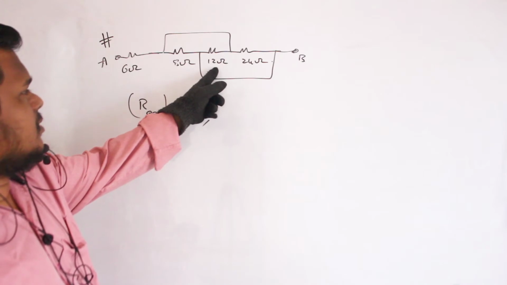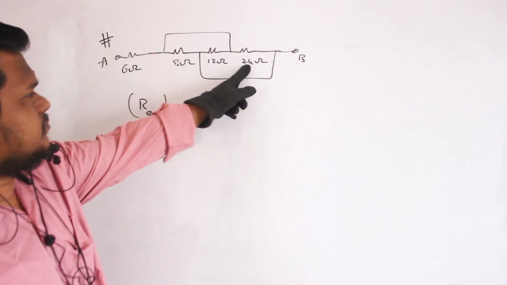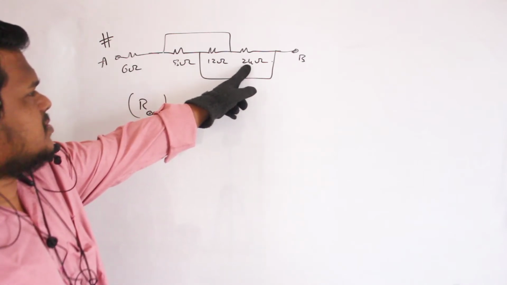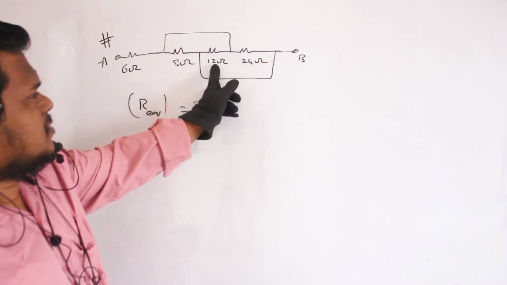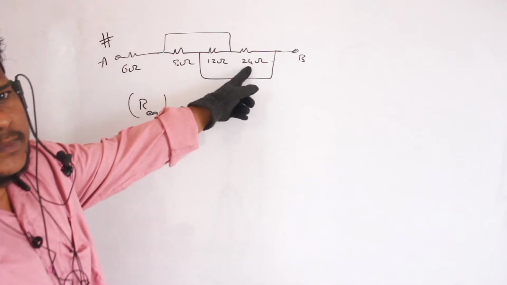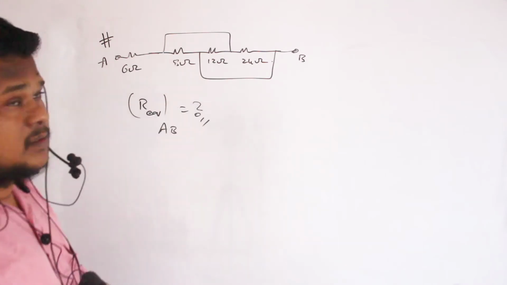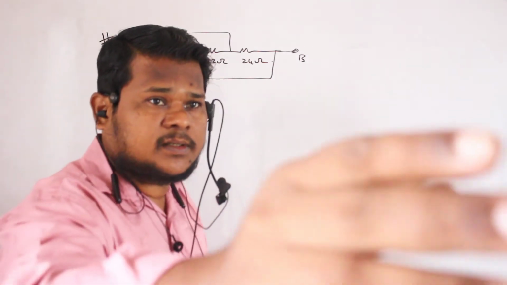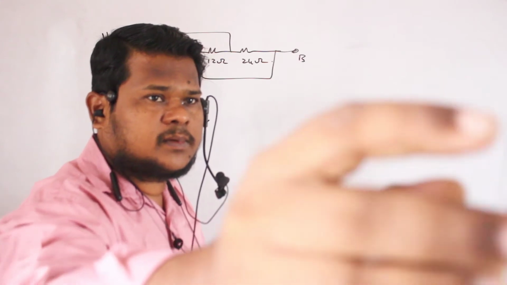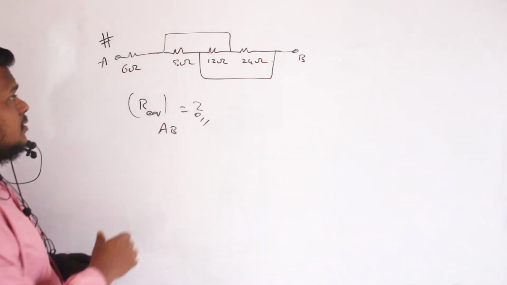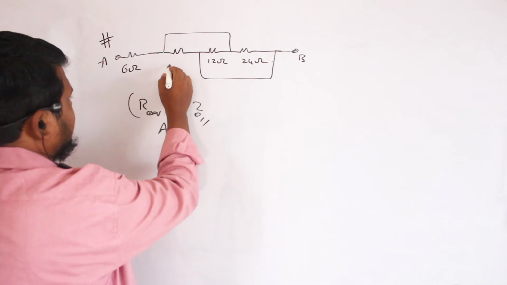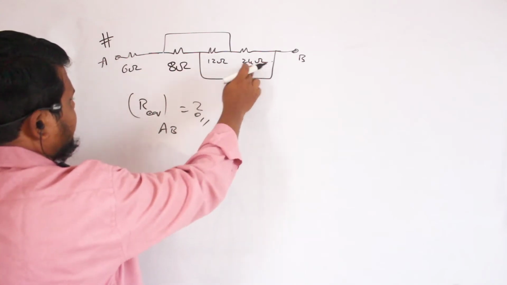12, 12, 24. Next, 12, 24 and... Are you not able to see this one? This is 8 ohms. 12, 24, 8 and 6.